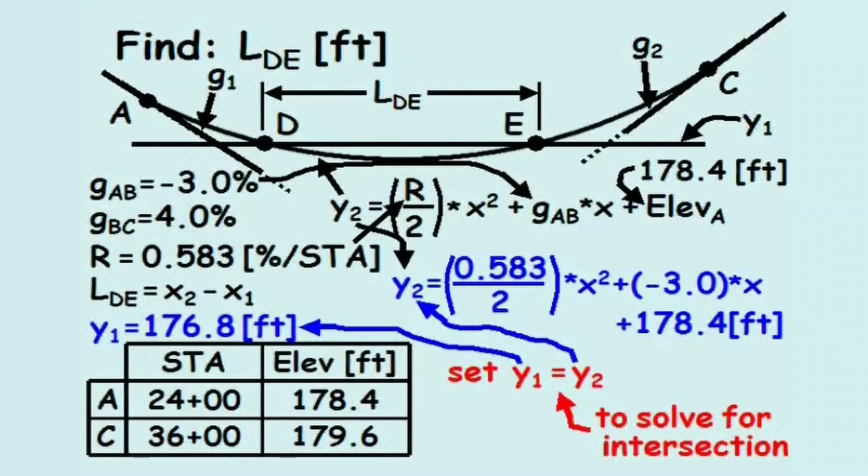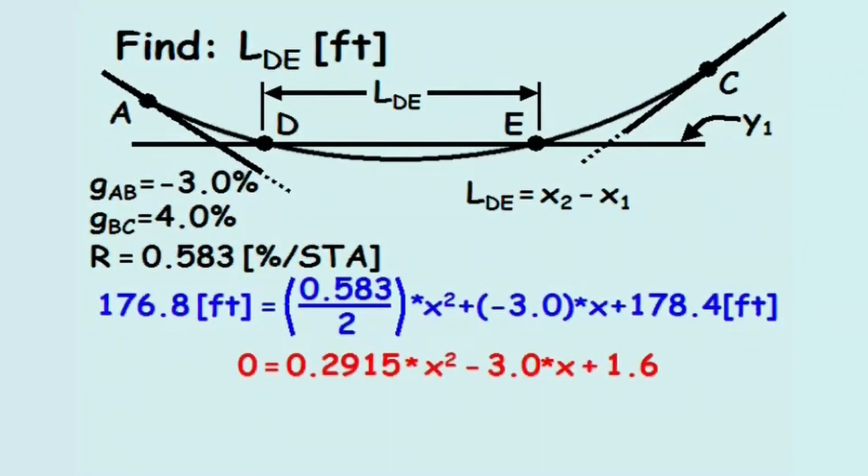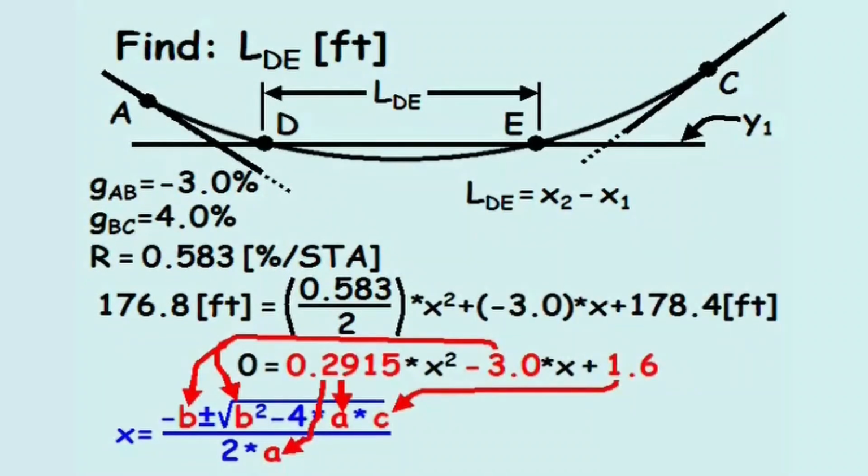Now we can equate line y1 and curve y2 to solve for the points of intersection. After setting this equation equal to 0, we can use the quadratic equation to solve for the values of x1 and x2. After identifying 0.2915 as A, negative 3.0 as B, and 1.6 as C, x1 and x2 equal 56 feet and 973 feet, respectively.